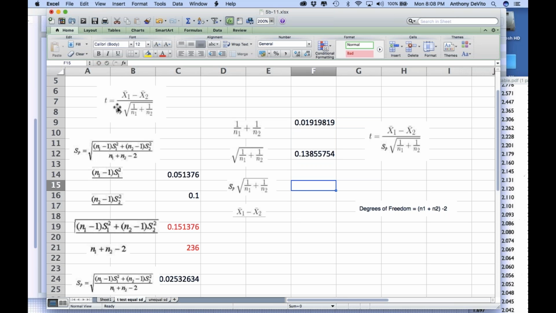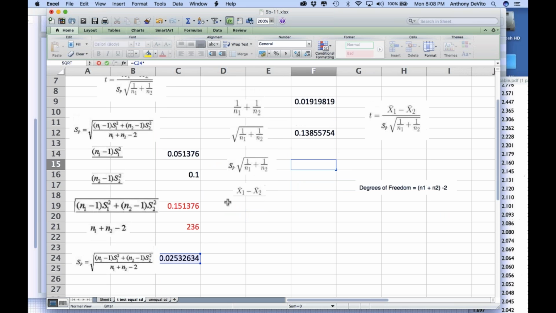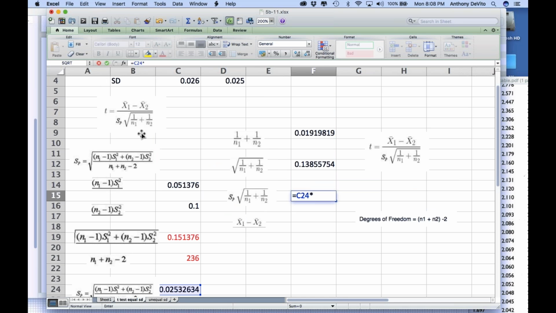So now I'm ready to calculate this whole bottom part here. And what is it equal to? It's equal to the pooled standard deviation. Where is that? That's down here, right? Times the square root of 1 over n1 plus 1 over n2, which is this number here. So I get 0.0035.